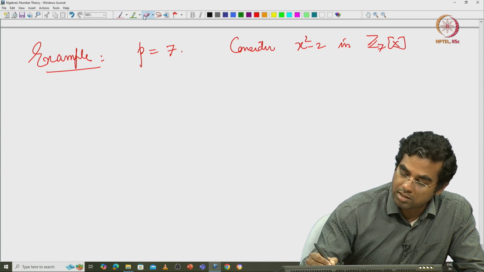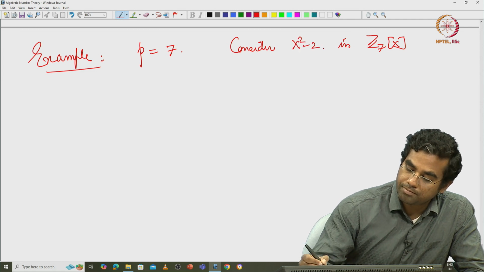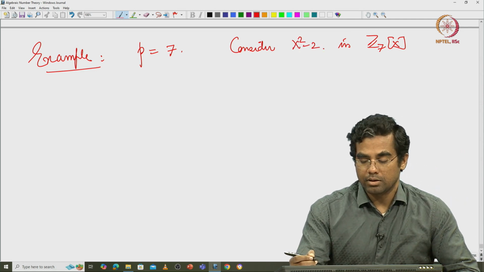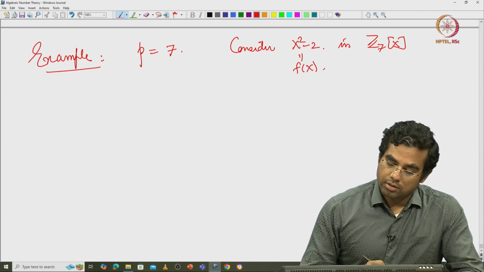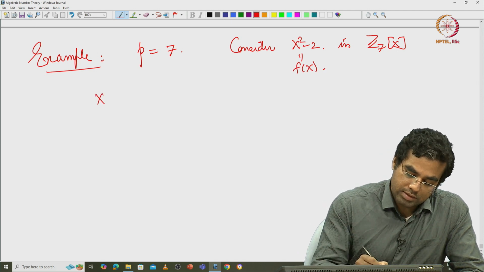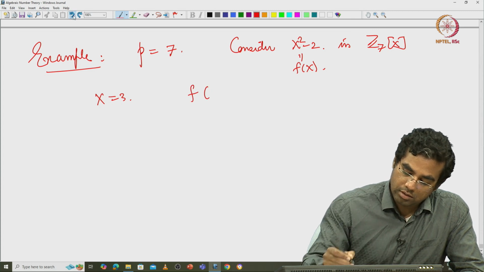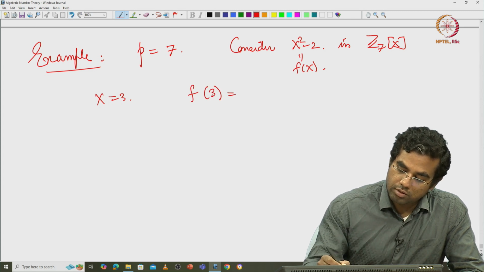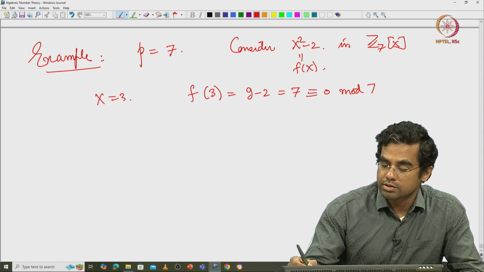Maybe I should write the same x in both places. This is my f of x. If I take x equal to 3, I get f of 3 is equal to 9 minus 2, which is 7, which is congruent to 0 mod 7.